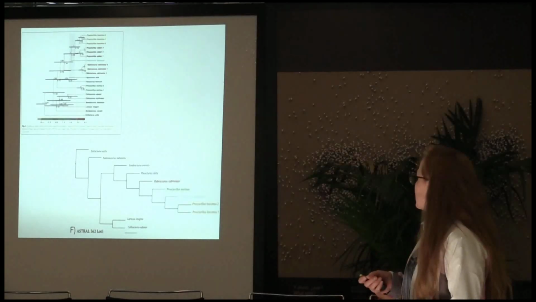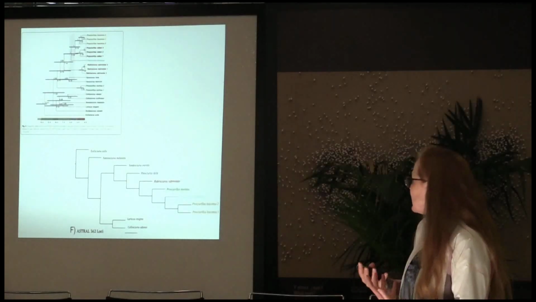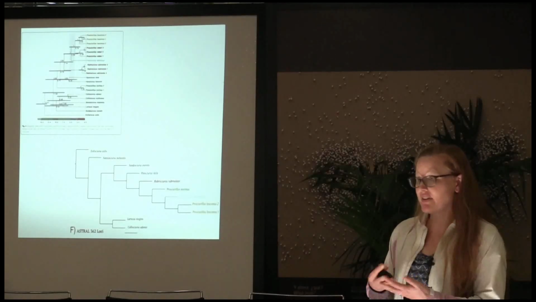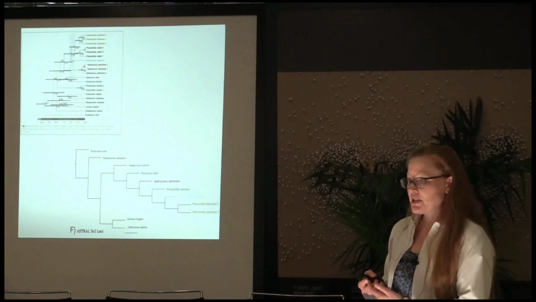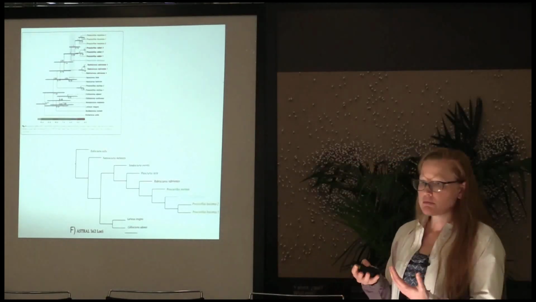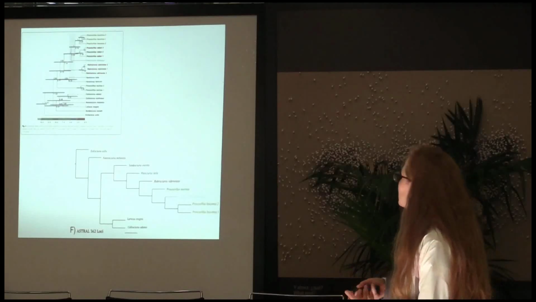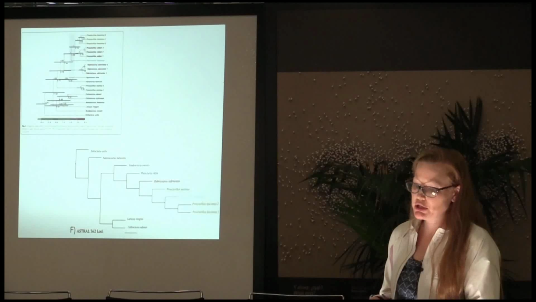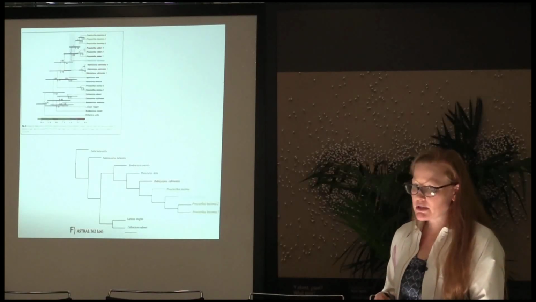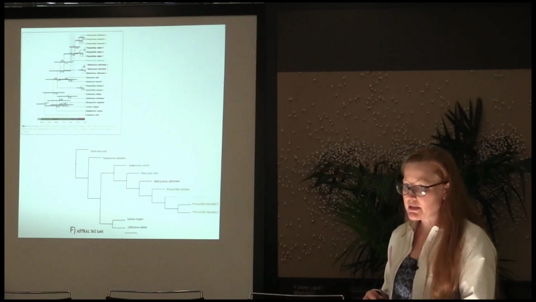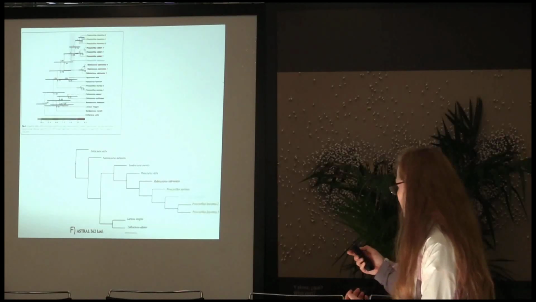And this was actually a test to see if they could be useful on this small scale as they were developed to look at questions on a very much deeper level. But we were able, with historic material, to enrich for these UCEs and get sufficient variability to look at the relationship between these closely related species and these closely related genera.